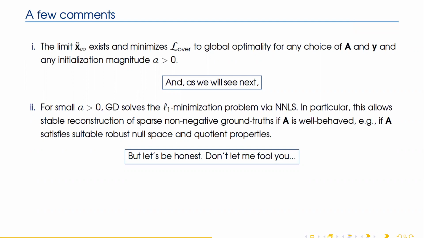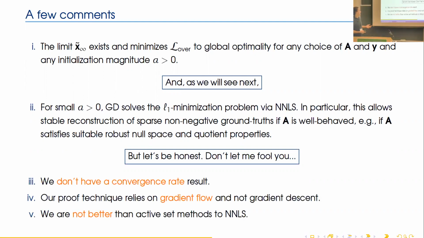But I need to be honest, there are three things. We don't have a convergence rate. As I said, our proof is based on gradient flow. And by no means am I claiming that we are better than these active set methods, because these methods are really precise. You can open MATLAB or Python now and try, and you'll see that it reaches very good precision in a really fast way.